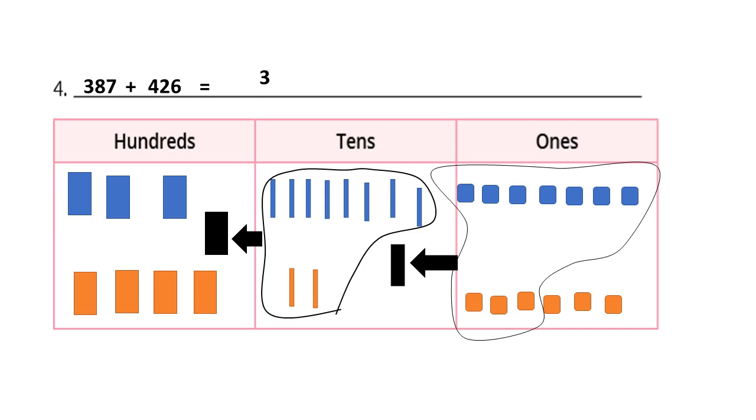Super. So how many straws are left here in the tens? Yes, 1 straw in the tens. So I will write 1 in the tens. Count how many here in the hundreds? Yes, there are 8. So the number at the end will be 813.